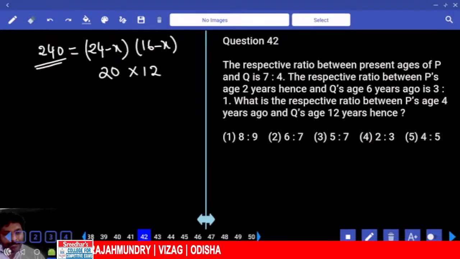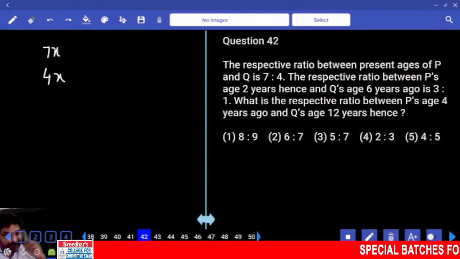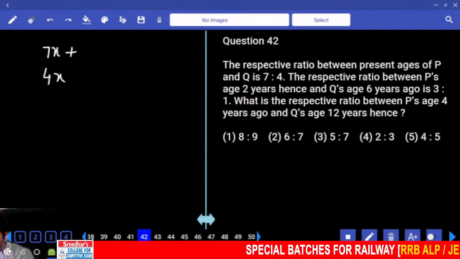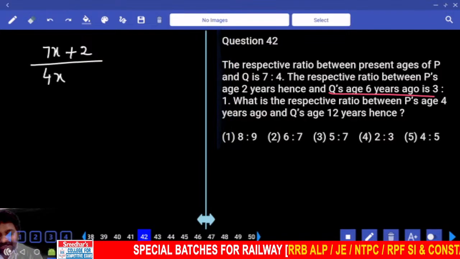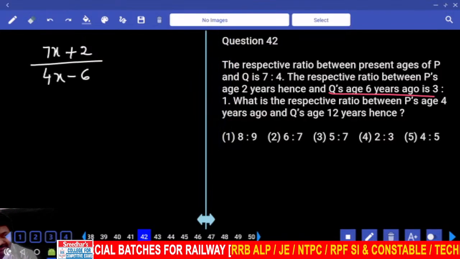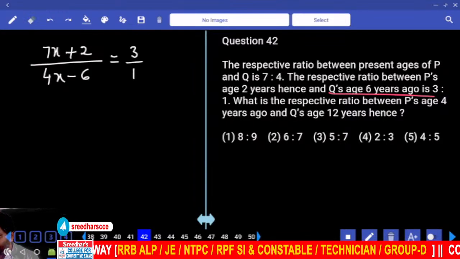Right. So ages are in the ratio 7:4, 7x and 4x, P and Q ages. Respective ratio between P's age 2 years hence, plus 2, after 2 years, and Q's age 6 years ago, minus 6, is equal to 3:1, which is equal to 3/1.